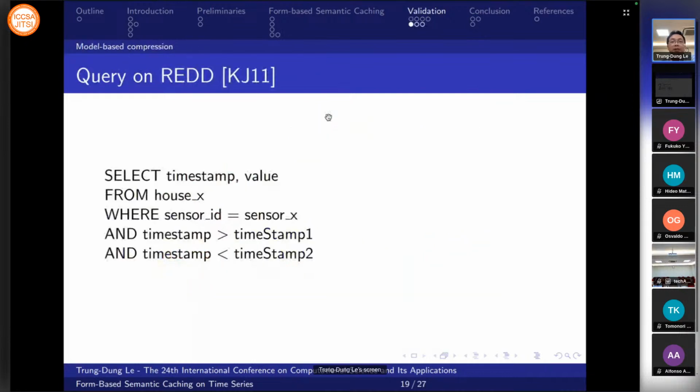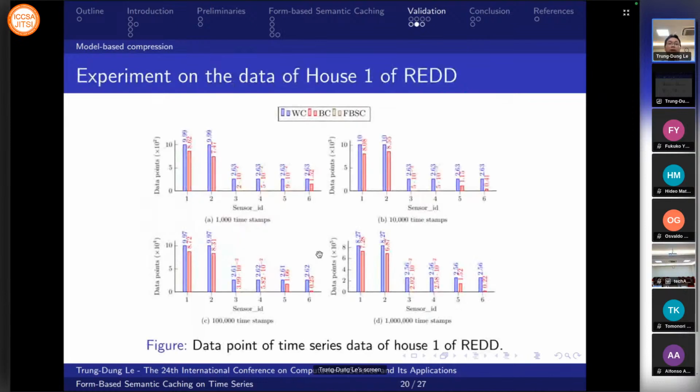In another experiment, I will test our methods on the REDD dataset with a query. The form query is: select timestamp, value from house X, where sensor ID equals sensor X, and timestamp larger than timestamp 1 and timestamp smaller than timestamp 2. We have two experiments on the REDD dataset with house 1.